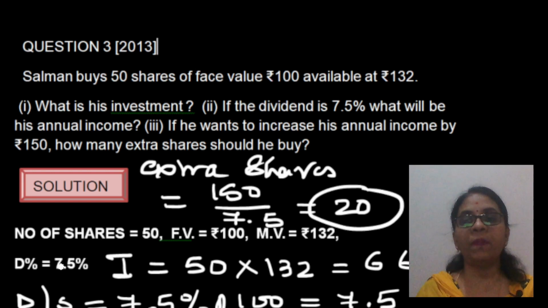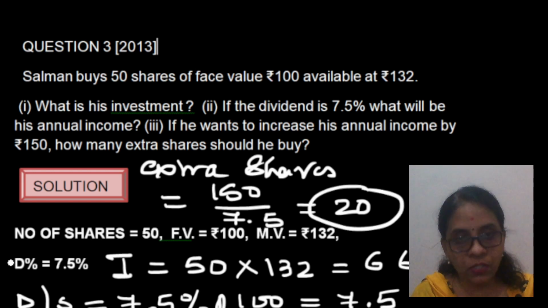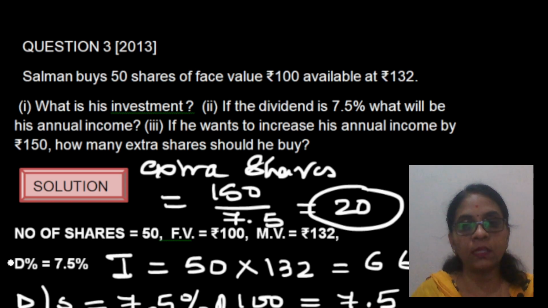So he needs to buy 20 more extra shares in this particular company if he wants to increase his income by 150 rupees more. Simple straight question, children.